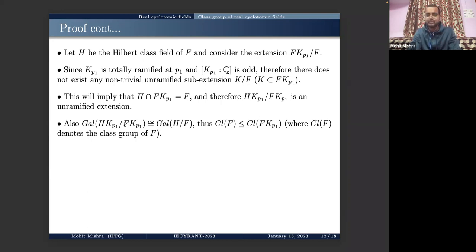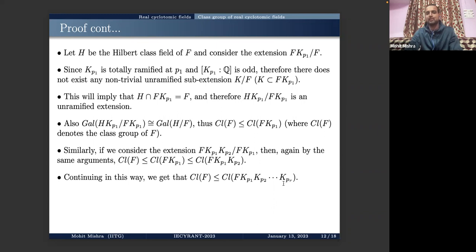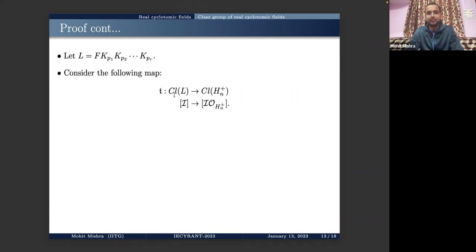So from here it follows that the class group of F is a subgroup of the class group of the compositum of F and K_P1. Now we repeat this process again and again up to K_Pr. So we get that the class group of F is a subgroup of the class group of this compositum F, K_P1, K_P2, up to K_Pr. So now let's denote this compositum by L. And consider this map T from the class group of L to the class group of Hn plus.